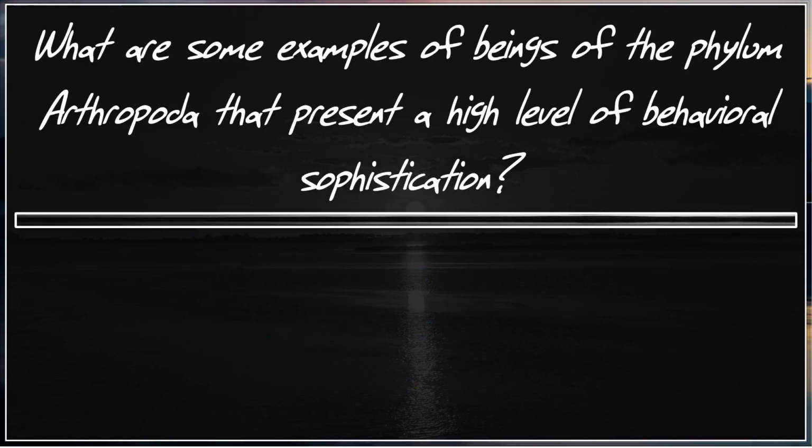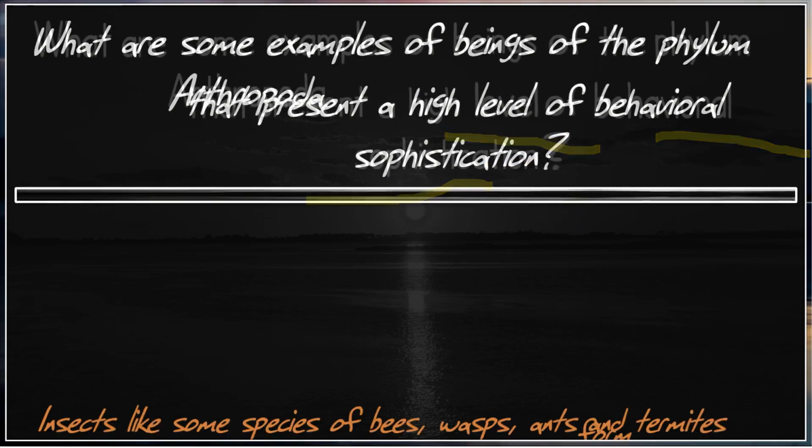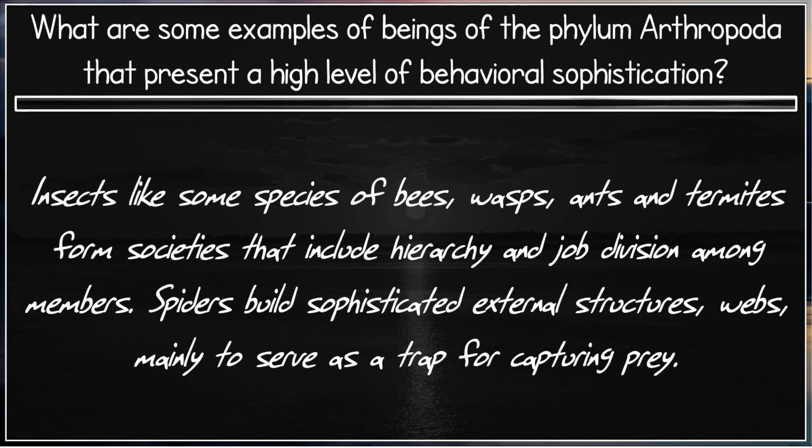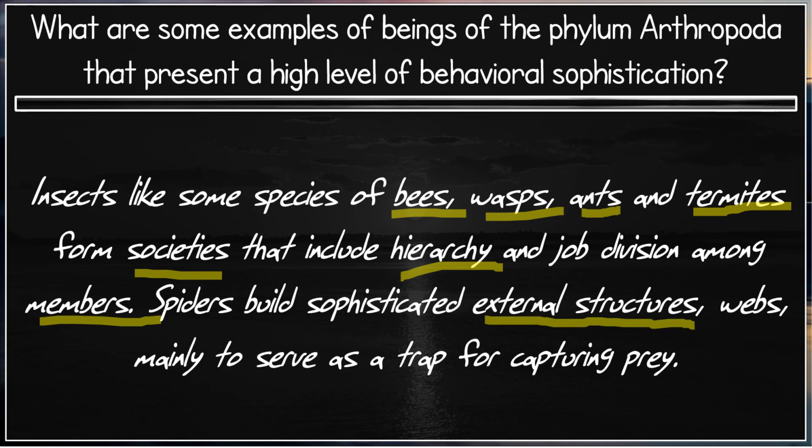What are some examples of beings of phylum Arthropoda that present a high level of behavioral sophistication? Insects like some species of bees, wasps, ants, and termites form societies that include hierarchy and job divisions among members. Spiders build sophisticated external structures.